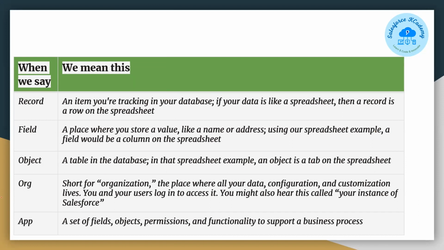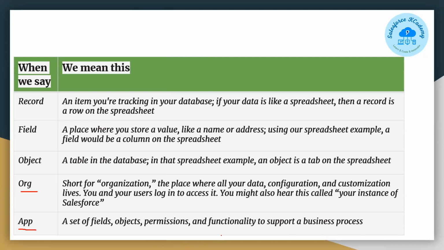Then organization: your complete organization. Org means your complete organization where you have apps, objects, everything; that is nothing but one organization. Then you have the app. An app is nothing but a group of fields, different objects, different permissions, different functionality. Not only the data, it is all about the functionality as well.